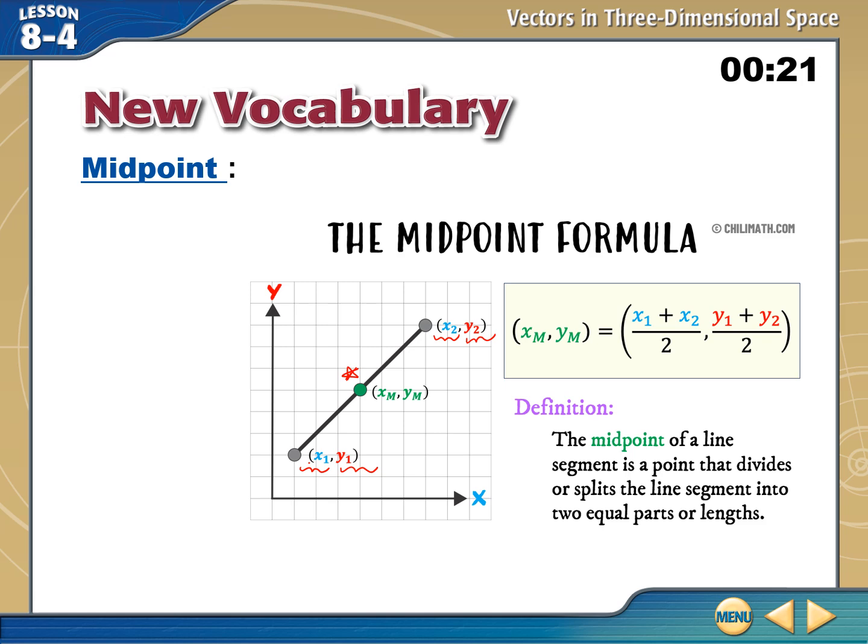The point which cuts the line into two equal parts is said to be the midpoint. In order to find it, we take the average of the 2 points: we add them and divide by 2.